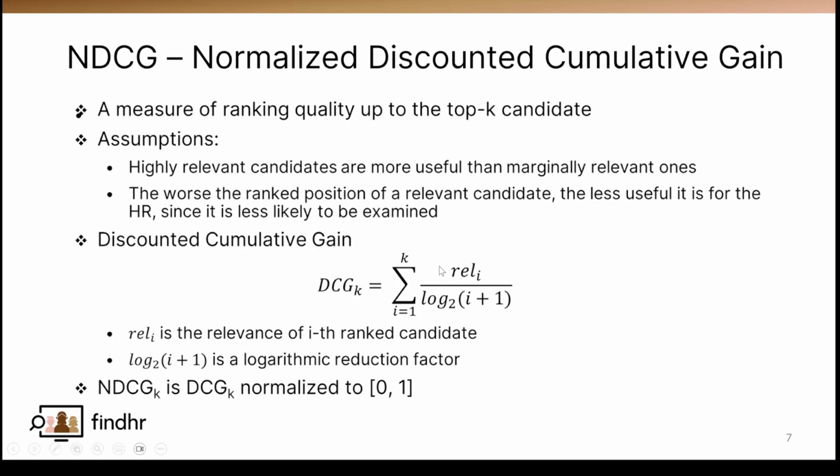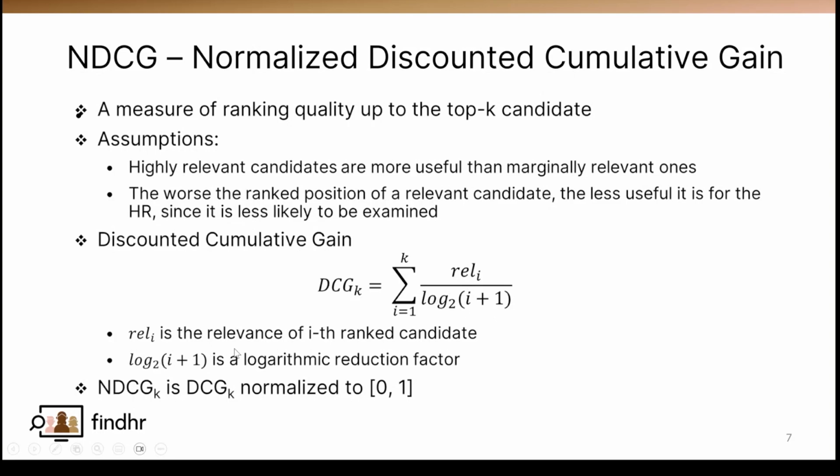And so basically the NDCG is a number which looks at the relevance of a candidate weighted by this other formula, 1 over the logarithm of y plus 1, which decreases as y, the position of a candidate, is in the bottom.